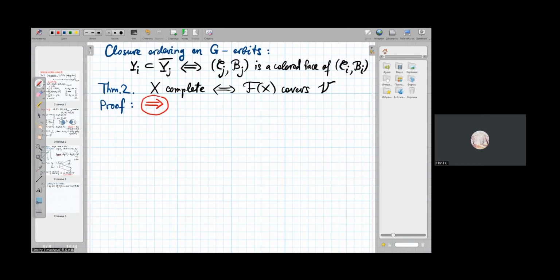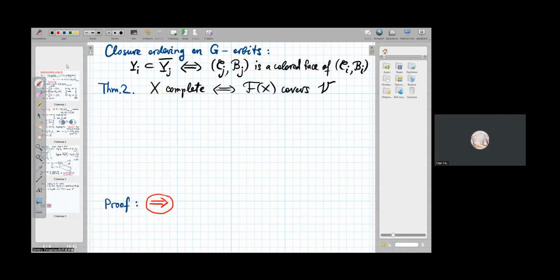What do you mean by cover? Do we need both covering, which means Ci should cover V and Bi should cover... Well, let me repeat exactly what I mean. I said it in words, but let me write it now, since the question arises.